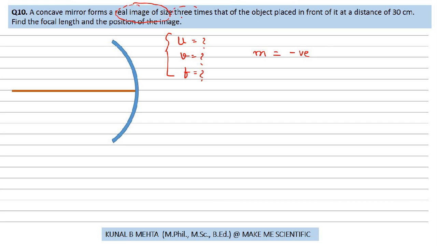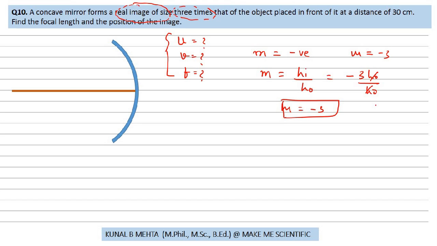And they are also giving us 3 times, so the magnification should be -3, but let us understand how. They are asking us that the height of the image is 3 times the height of the object. So HI is 3 times HO, and since it is a real image and real images are below the principal axis, this has to be negative. So HO cancels, you are getting magnification as -3.